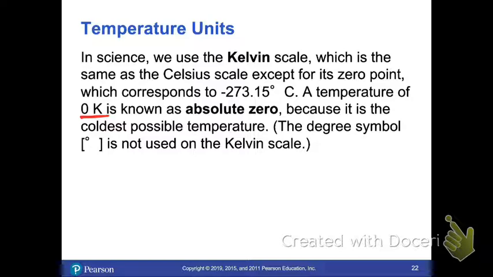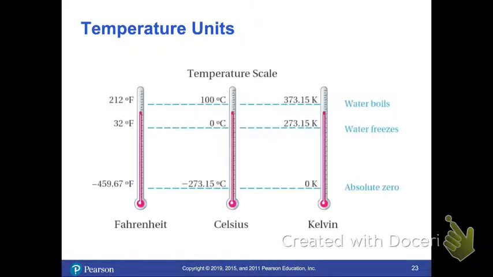When we write it, we do not write the degrees symbol when we're using the Kelvin scale. So here's a representation of the Fahrenheit, Celsius, and Kelvin scales, showing absolute zero, where water freezes and where water boils, to give you an idea. We can convert from any of these temperatures to another, which is what we're going to do next.